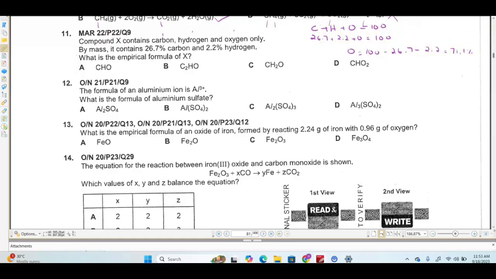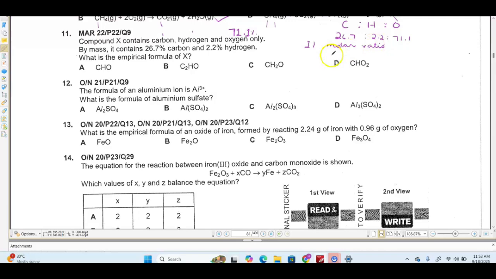Okay. Let me clear this space. So we just found out that the percentage of oxygen in this compound X is 71.1%. So let's move over here. So we have carbon, hydrogen and oxygen in this compound. So carbon is 26.7%, hydrogen is 2.2% and oxygen is 71.1%. So we are going to do our first step, find the molar ratios.